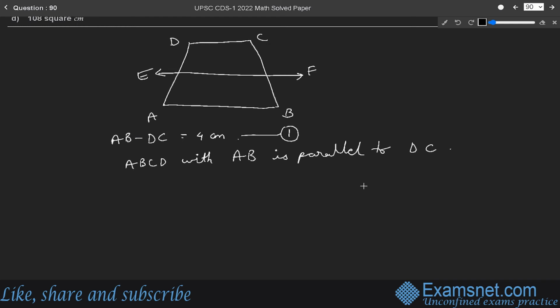Therefore, using the formula for length of mid segment. See, the formula for length of mid segment. Mid segment means whenever a midpoint is there of any side, then it forms two mid segments. So the length of mid segment is equals to 1 upon 2 into sum of parallel sides.